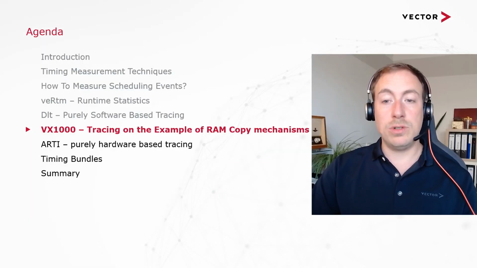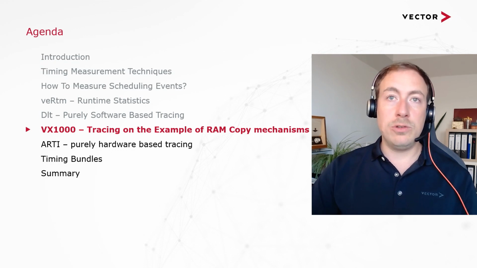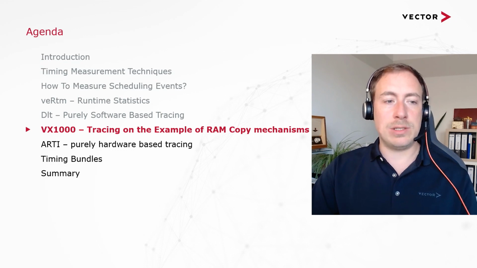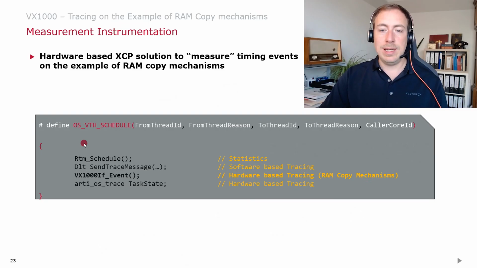Now, if you want to utilize in our software or in our project also hardware capabilities, we can use a solution like the VX1000. That means the VX1000 provides an implementation API for measurement, which is this VX1000 interface event.